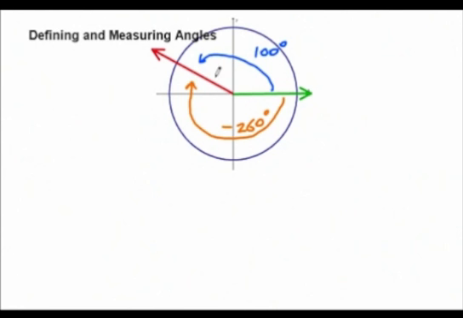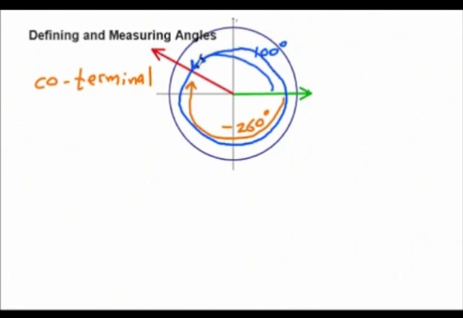And these two measures are exactly the same, so we're going to call them coterminal. Two angles that end up at the same place. And all angles have an infinite number of coterminal angles. For instance, I could take this 100 degrees, and why stop here? I can go all the way around and come back to it.